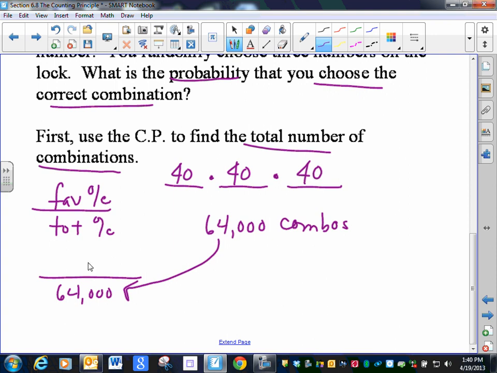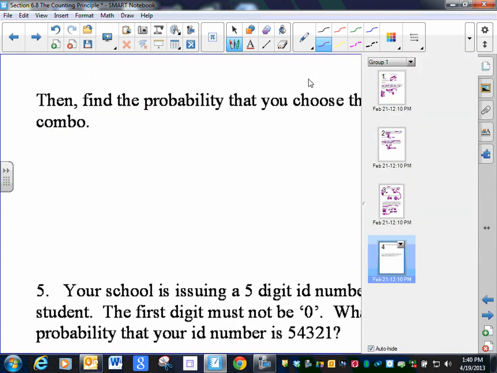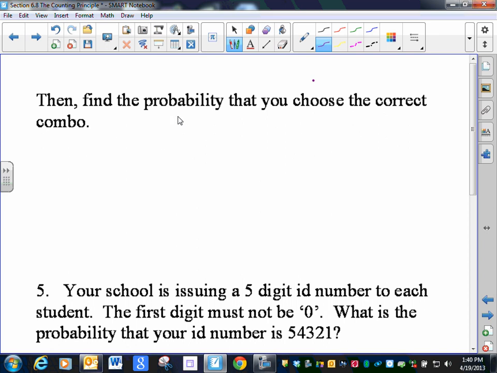I'm hoping you're thinking there is just one. Your combination is unique. There is just one. So you do not have a very good chance of guessing somebody's combination. And that's the way it ought to be. That was 1 out of 64,000.